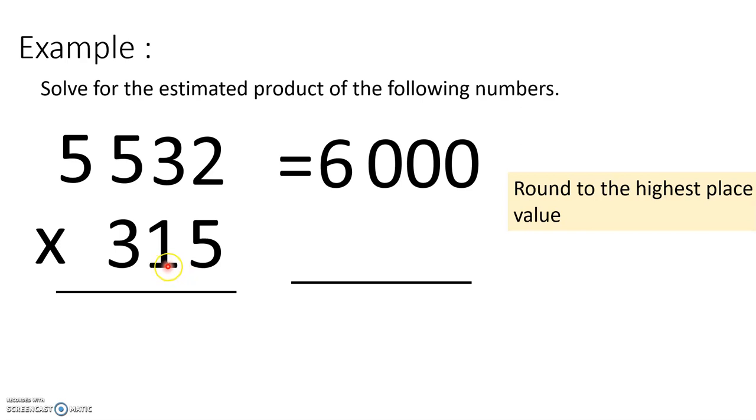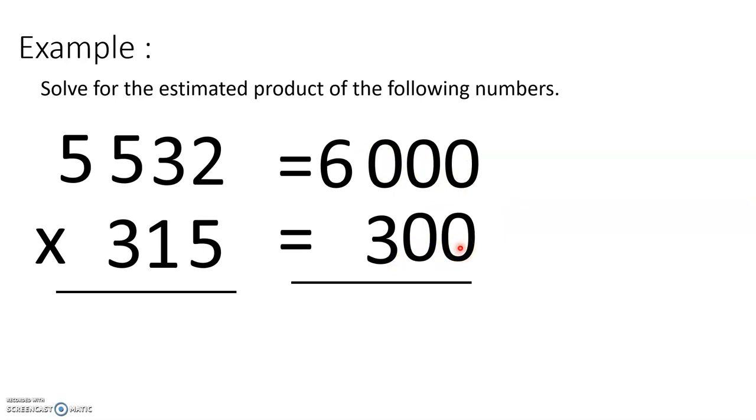Next, 315. So, ang highest place value niya ay hundreds. So, we have ones, tens, hundreds. So, i-round off natin siya sa hundreds place value. So, 315 becomes 300. And then, count the number of zeros. So, mag-multiply na tayo ha. So, bilangin natin kung ilan yung zero. So, we have 1, 2, 3, 4, and 5.